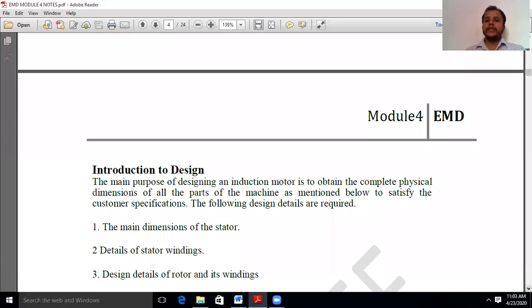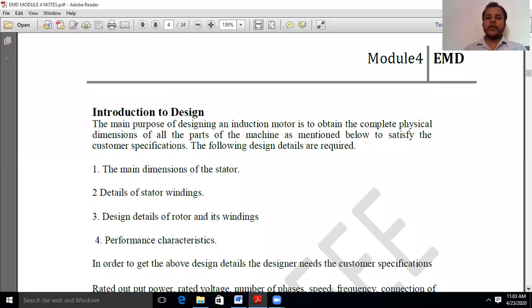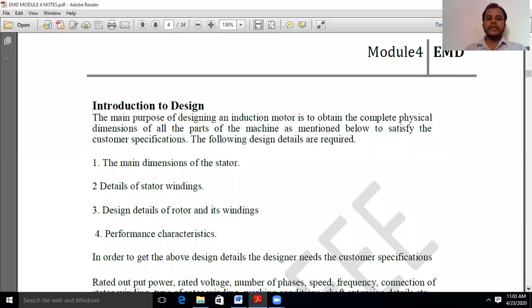Now we'll see the introduction to design. Here the main purpose of designing an induction motor is to obtain the complete physical dimensions of all the parts of the machine.